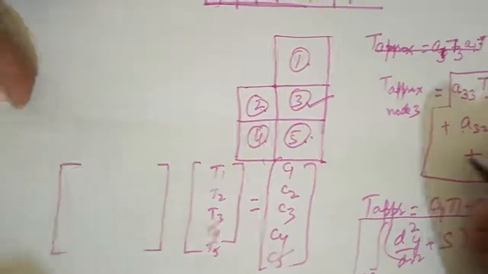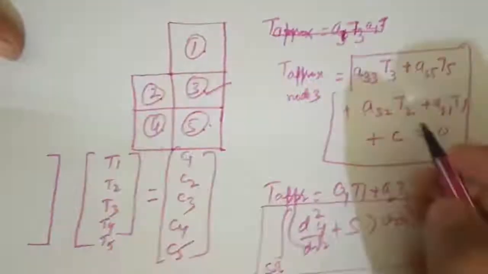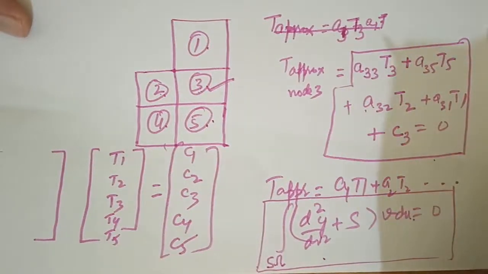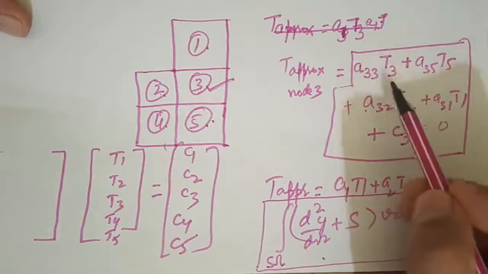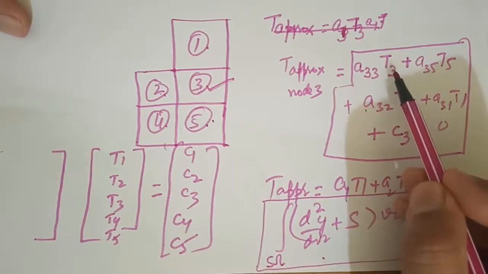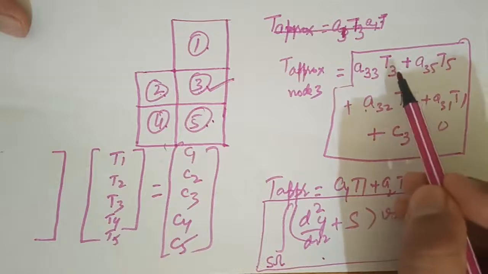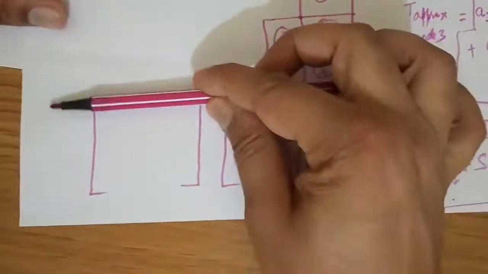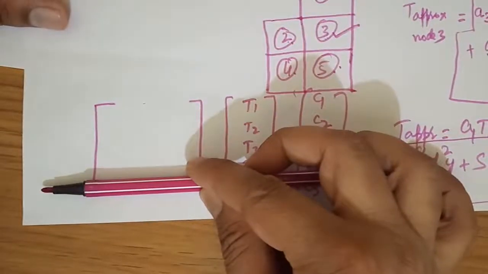So I should have written here, because this is the equation for 3, so I'm writing down here, say C3. Now what I'm seeing here is, in case of temperature 3, this algebraic equation will occupy the third row in this global matrix.